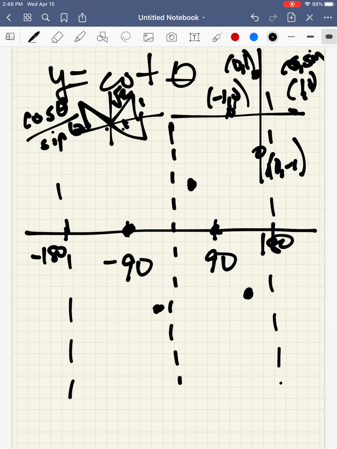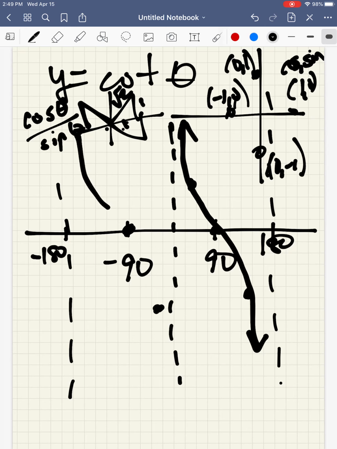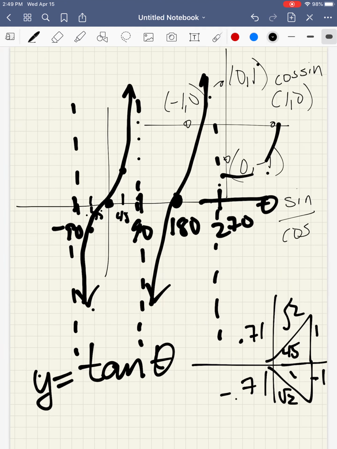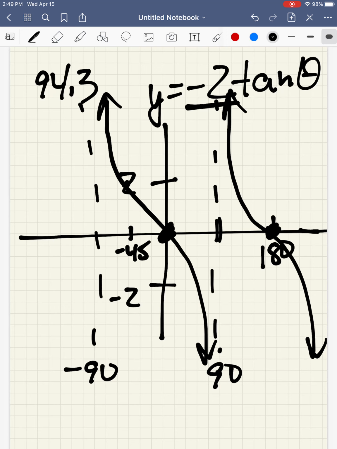So here's what's happening. Cotangent looks like the graph of negative tangent, doesn't it? It's decreasing. But the big difference here is that the negative tangent goes through 0, 0.